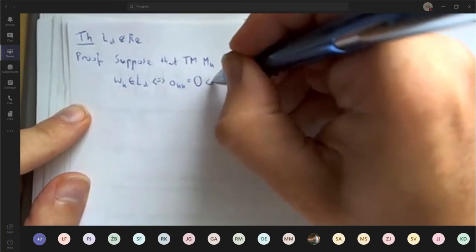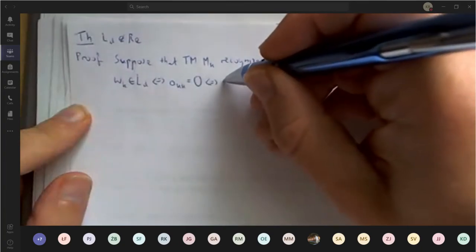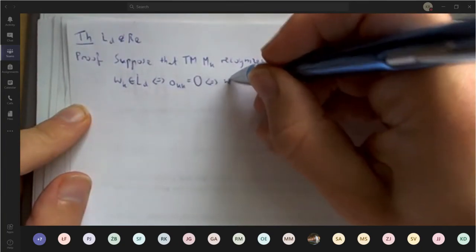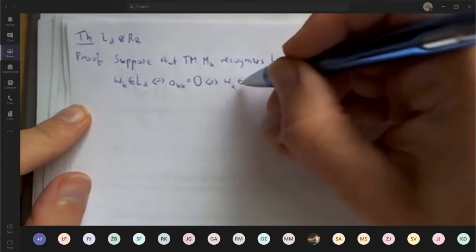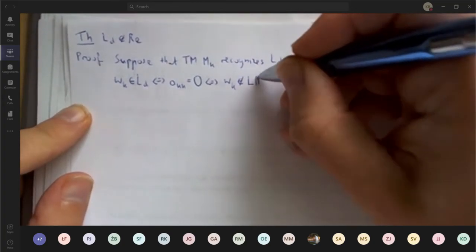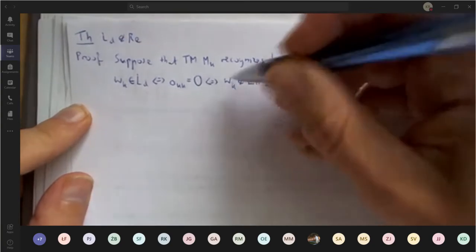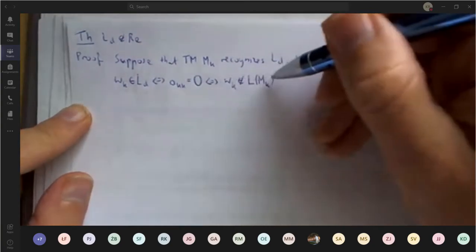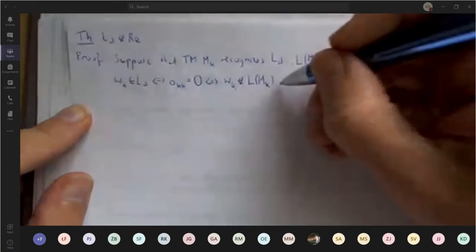Or in other words, WK is not accepted by MK, by the definition of the diagonal language. But L of MK is LD.